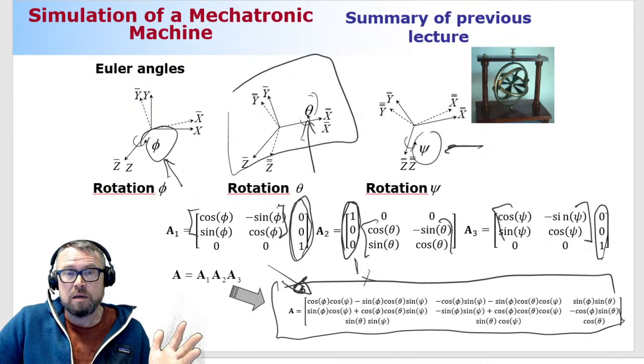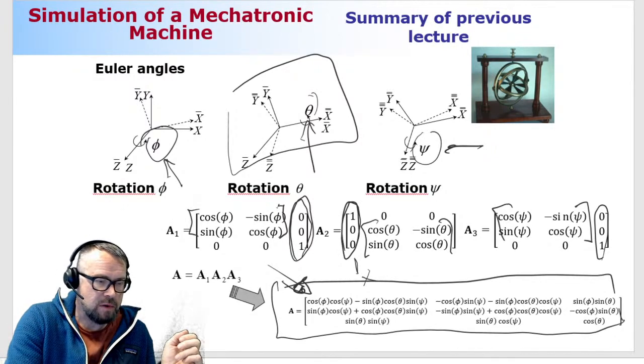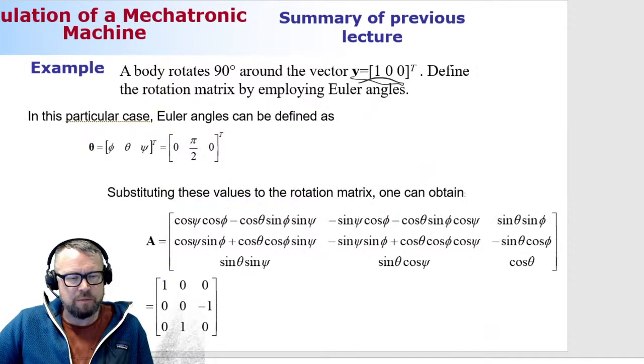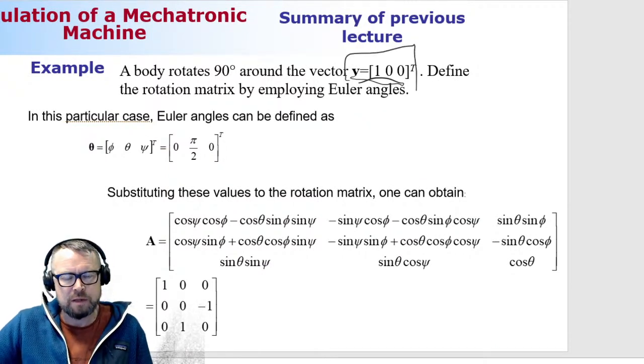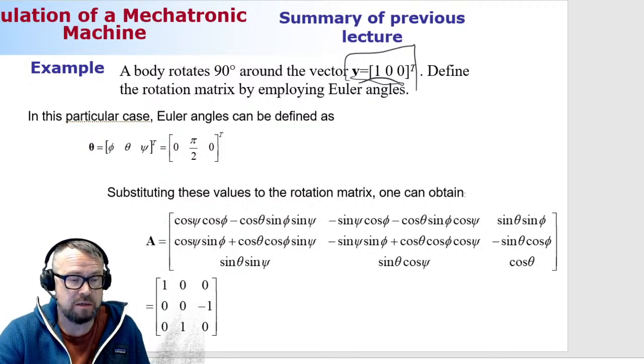No thinking whatsoever. All right. How should we select the parameters this time? Obviously the vector where the rotation takes place is the x-axis. And how much is the rotation? That's 90 degrees, which is pi divided by 2. So it's simple. The first rotation has to be 0.